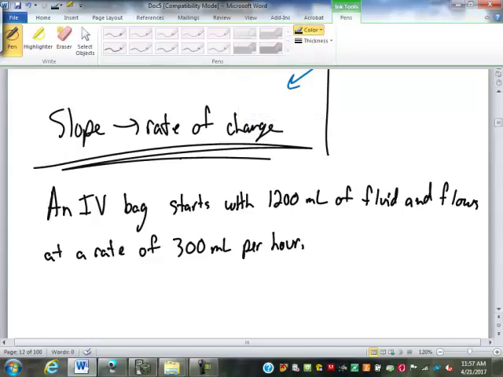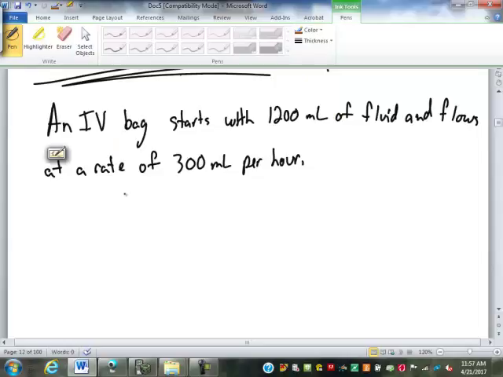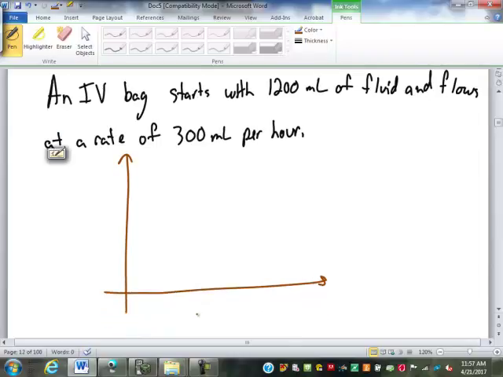So this is going to give us a graph. We're looking at just the first quadrant here. And most of what we do in medical math is just first quadrant. Both numbers are positive. So this is our time down here in hours. So 0, 1 hour, 2, 3, 4, 5.